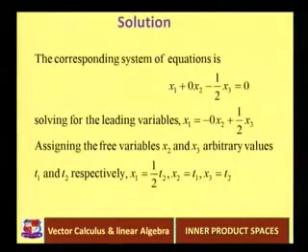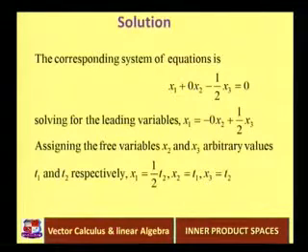And the corresponding system from this augmented matrix can be written as x1 + 0x2 - 1/2 x3 = 0, and we have to find the value of x1. Using back substitution, we write x1 = 0x2 + 1/2 x3.